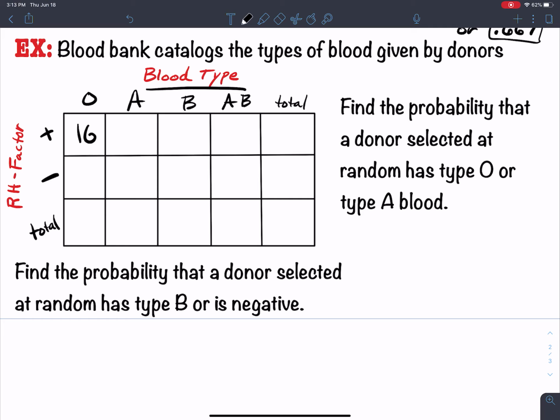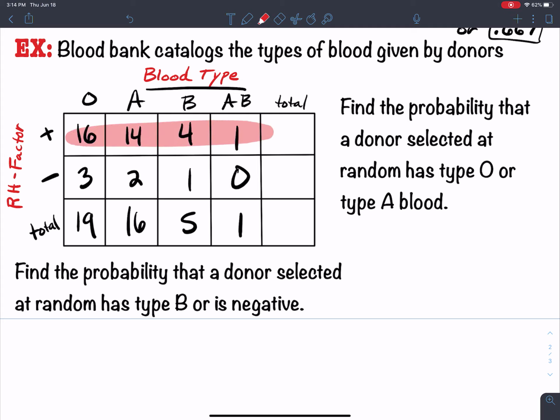So there were 16 O positives, 3 O negatives, and 19 total O's. We have 14 A positives, 2 A negatives, 16 total A's. 4 B positives, 1 B negative, 5 total B's. 1 AB positive, 0 AB negative, and then 1 total.